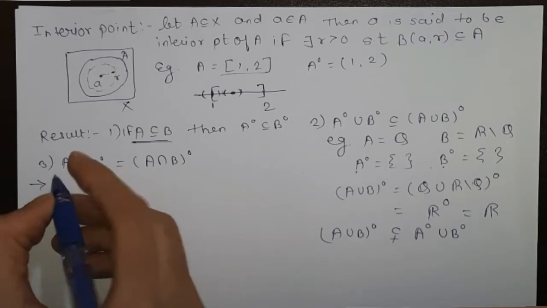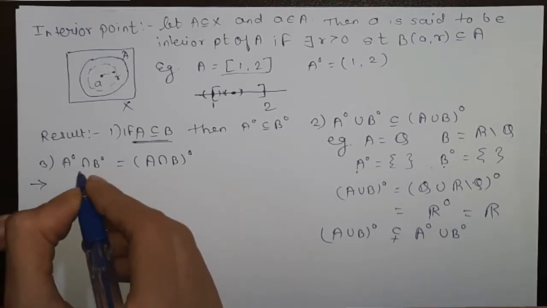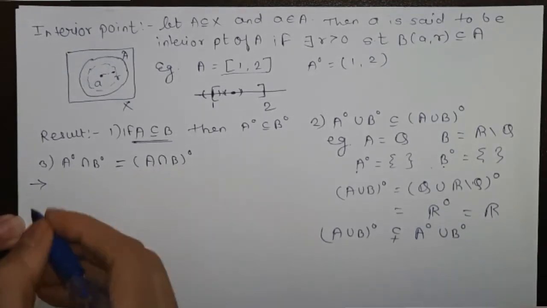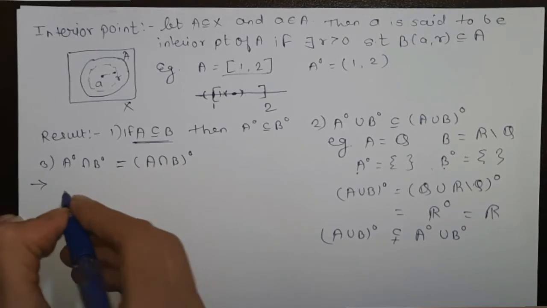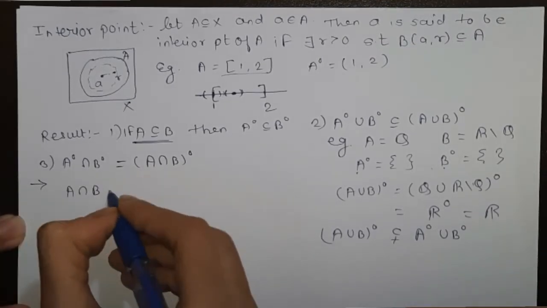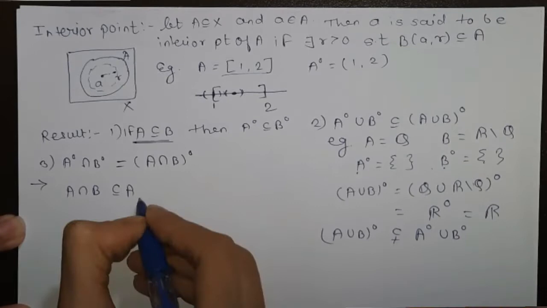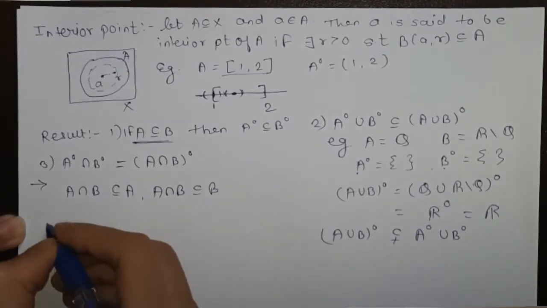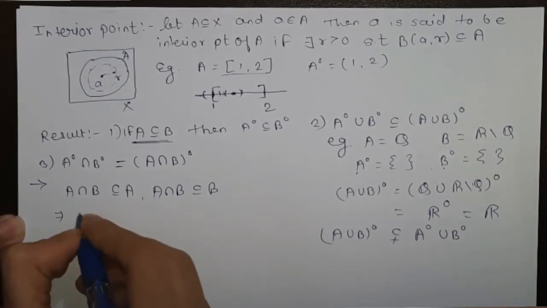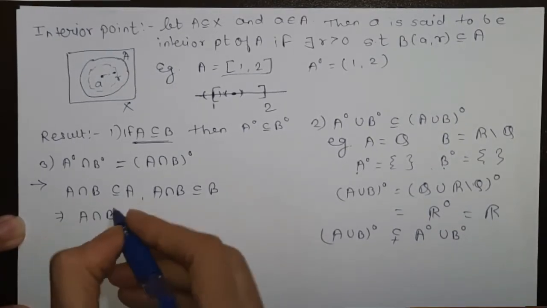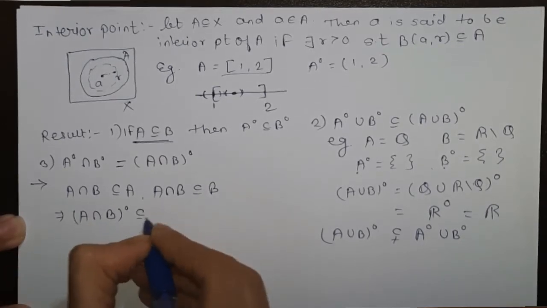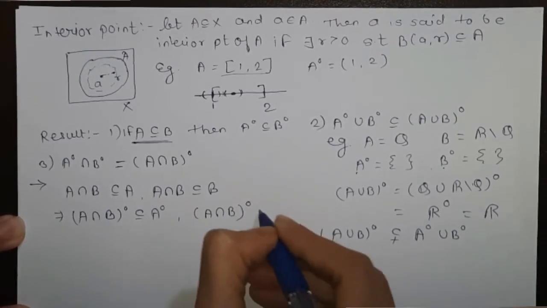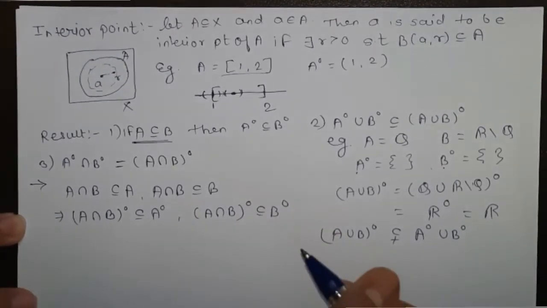First we will prove that the interior of A intersection B is a subset of A interior intersection B interior. A intersection B is a subset of A, and similarly A intersection B is a subset of B. From this we can write that the interior of A intersection B is a subset of A interior, and also a subset of B interior.